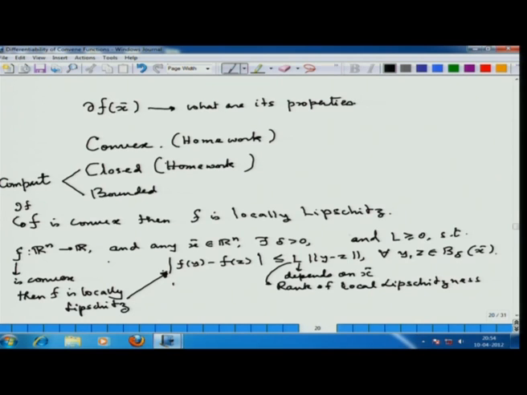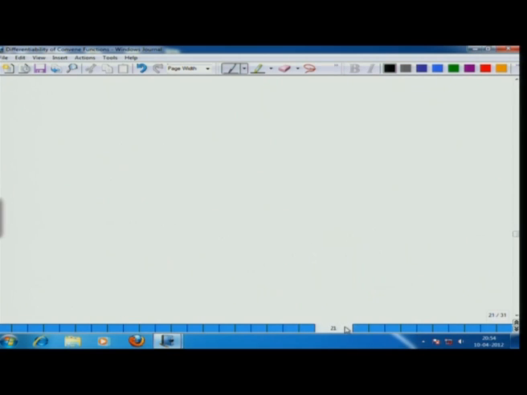Now, this property would be used to show that a subdifferential is a bounded set. What do you mean by bounded? I have to prove that the norm of ξ is less than a fixed number, say M, for all ξ in ∂f(x bar). Now, how do I do this?